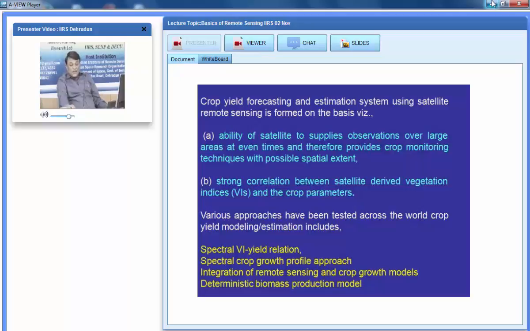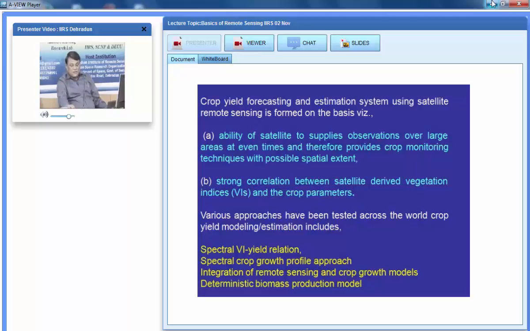The second is that there is a strong correlation between satellite-derived vegetation indices and crop parameters. Satellite-derived vegetation indices may be used as a proxy for biomass, crop vigor, photosynthesis, or chlorophyll concentration. This direct correlation between crop parameters and indices really helps to develop crop yield modeling approaches.